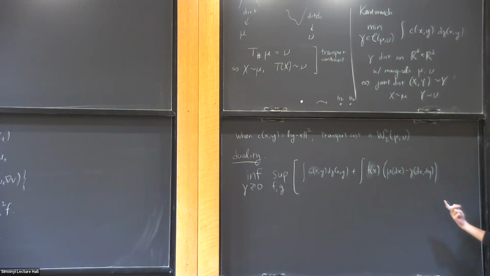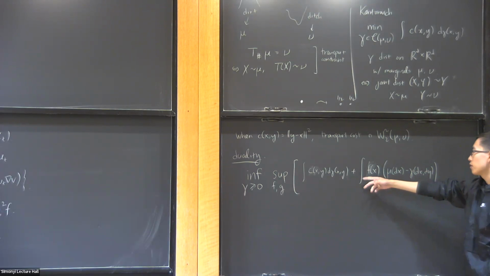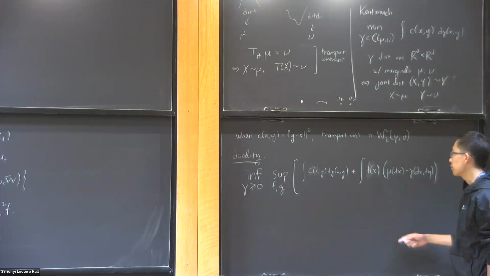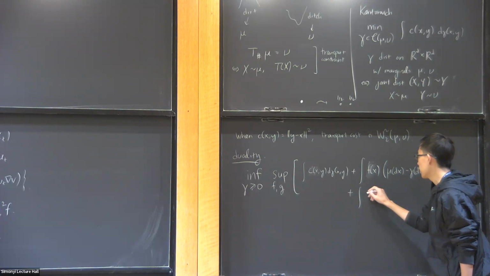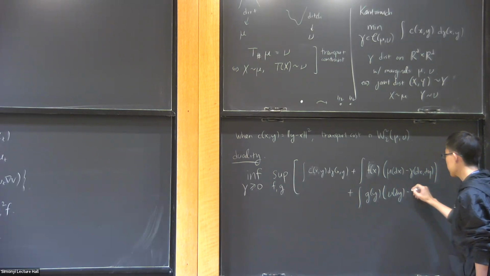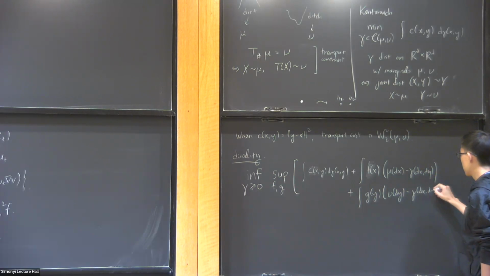It will be a penalty term if it's not zero. I want this to be zero, because if this is zero for every function f, this is really saying that once I marginalize out the y variable, the marginal of gamma is equal to mu. But now I take the sup over all functions f, and if this is violated at all, then this penalty term will give me infinity. And then similarly, I have a penalty term for the other marginal, which looks like this.